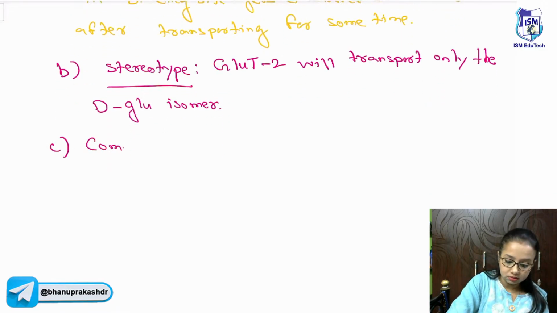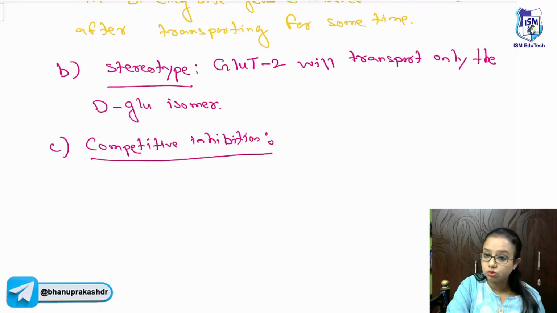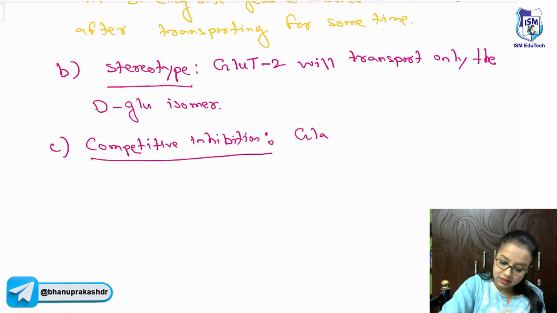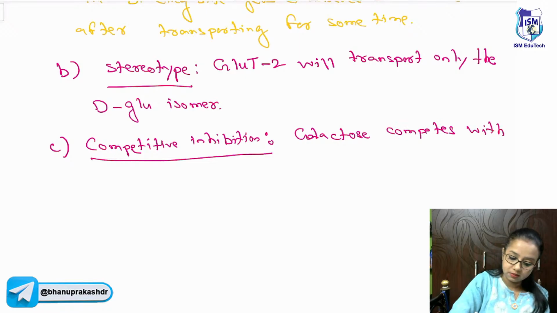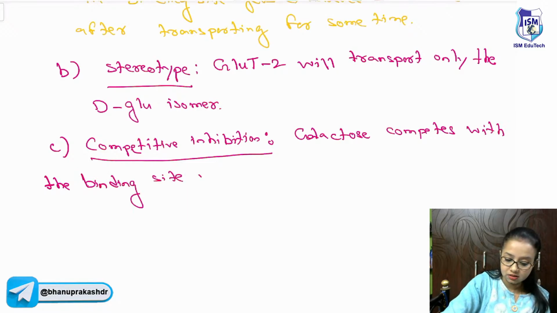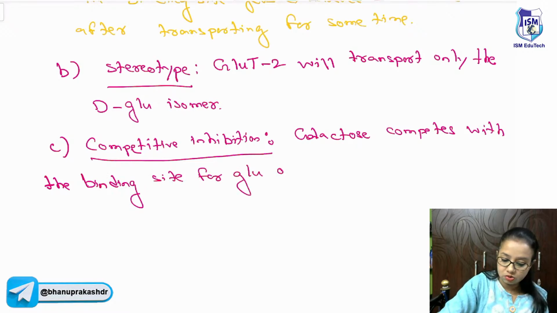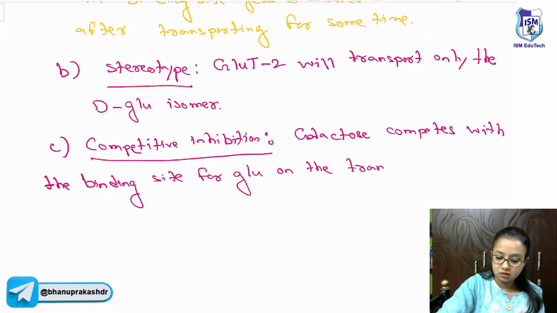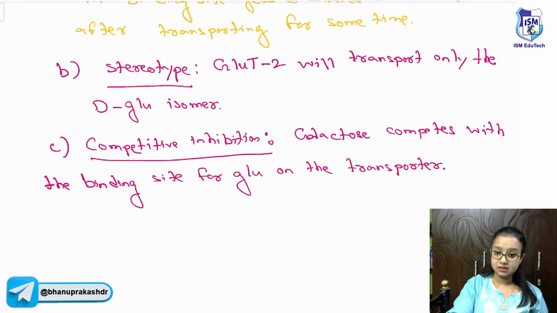Third is competitive inhibition. It is seen that for the binding site on the GLUT2 transporter, galactose, D-galactose rather, competes with glucose for the binding site on the transporter.